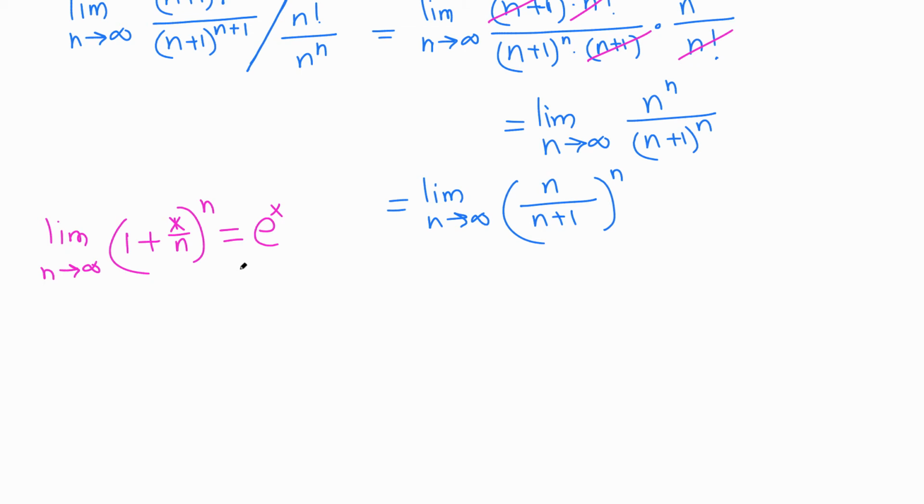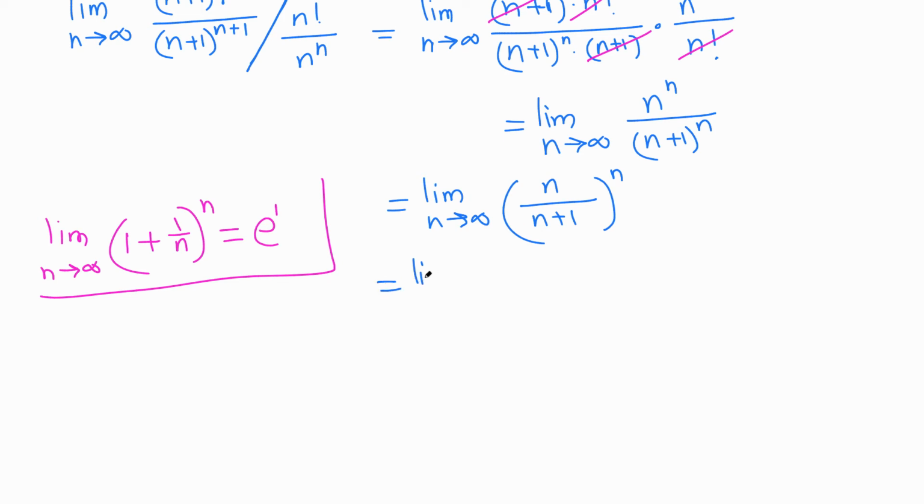This is how the exponential function is defined. Here e is an irrational number, about 2.72. So I think we can convert this into something like this. Let's see.